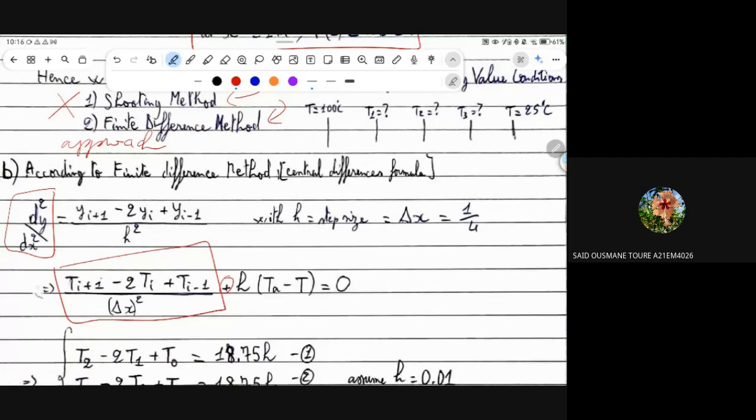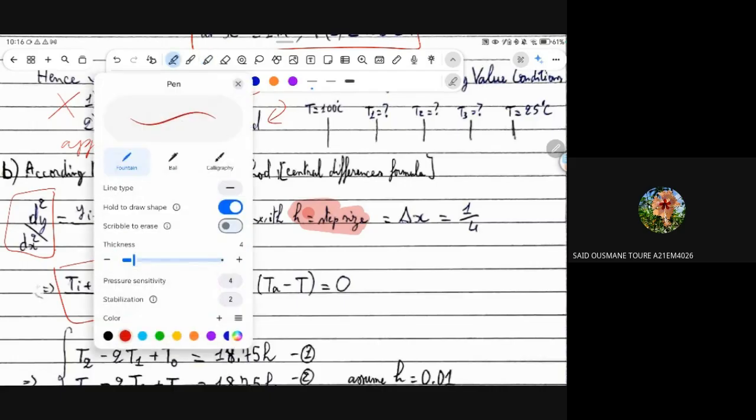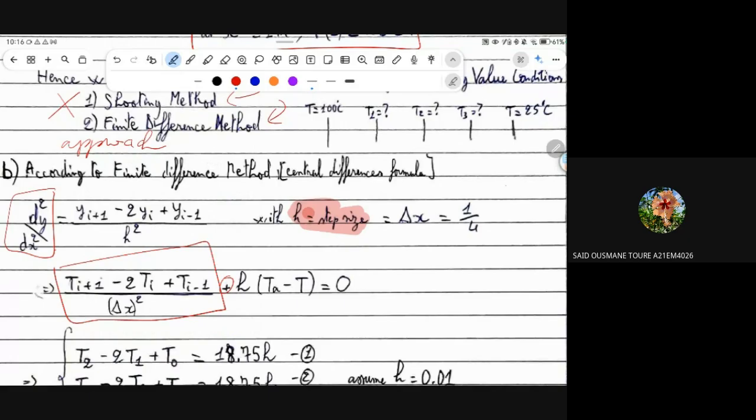Be mindful of that. Don't confuse the two. There is H that equals xn once again, which so far has only been used in question 1, so you're good. That one is xn minus x0 over n. It's not the same. This one is just the step size.